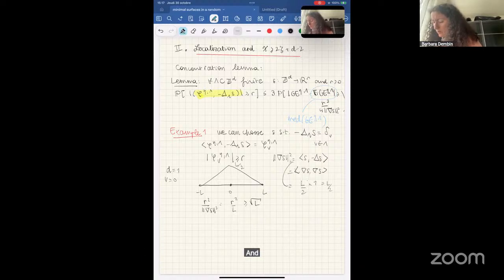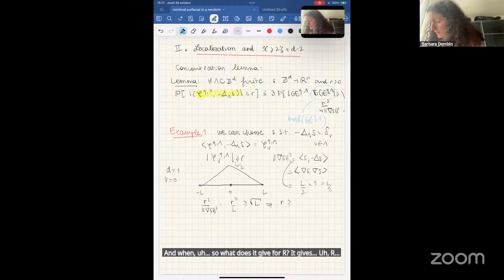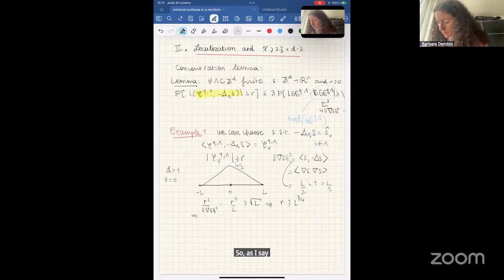And so what does it give for R? It gives R larger than L to the 3/4.